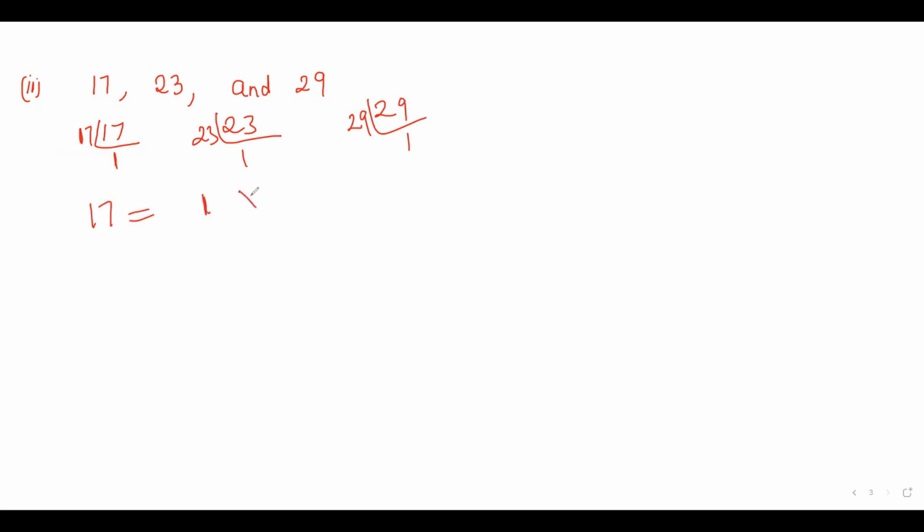Factors of 17, 1 and itself. Factors of 23, 1 and itself. Factors of 29, 1 and itself. All are prime numbers.